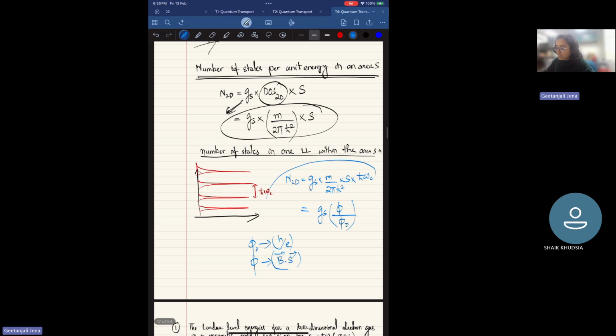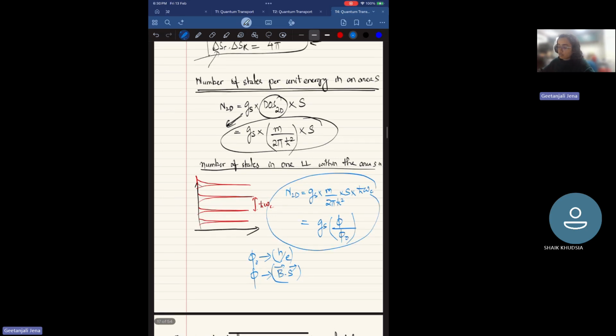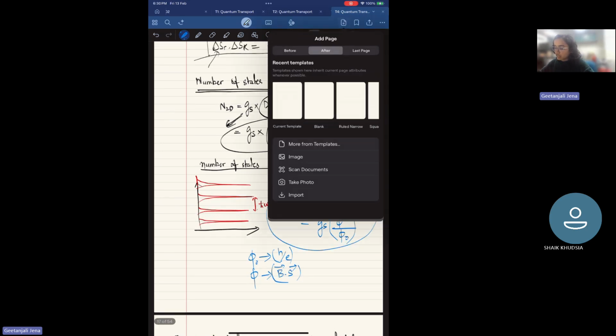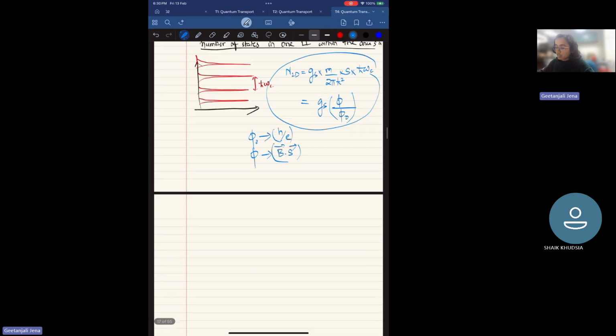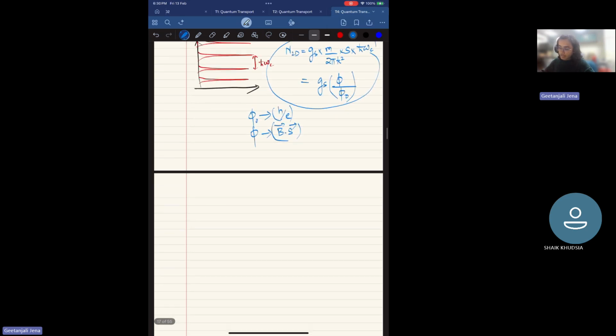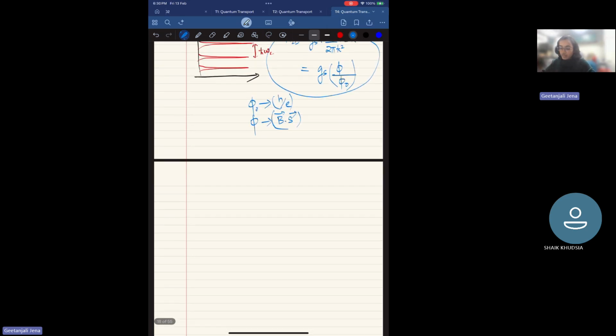So this is how we can calculate the number of states in each Landau level within an area A. So we know the number of states inside each Landau level.